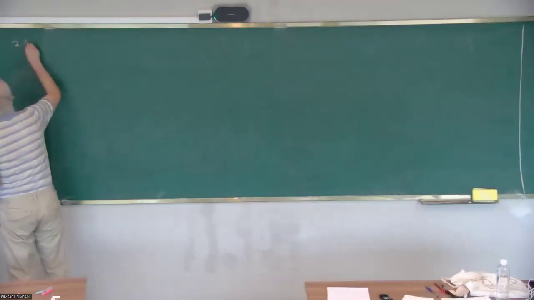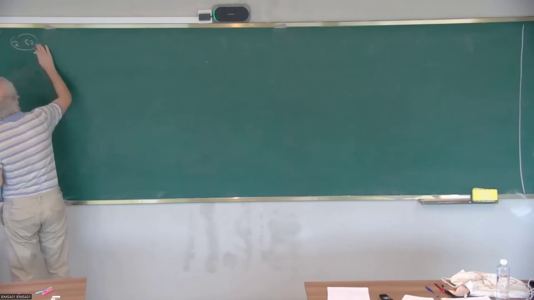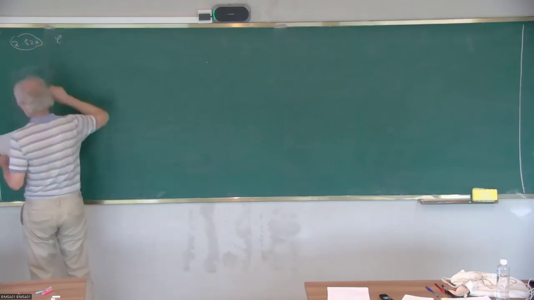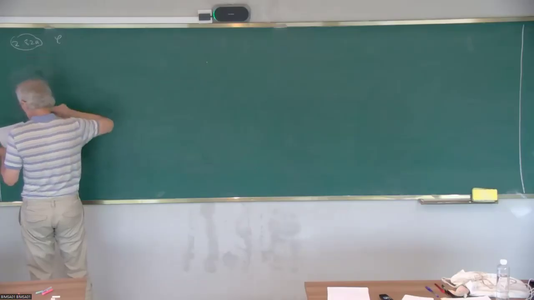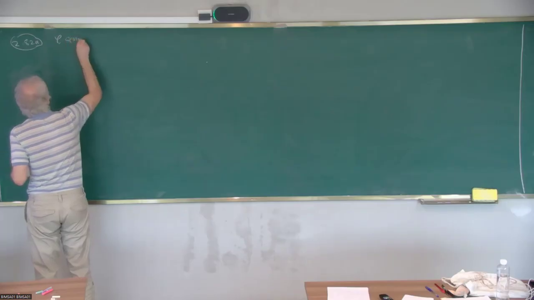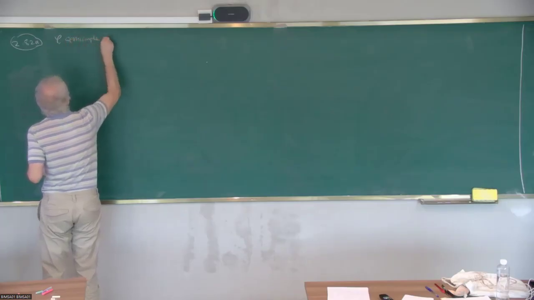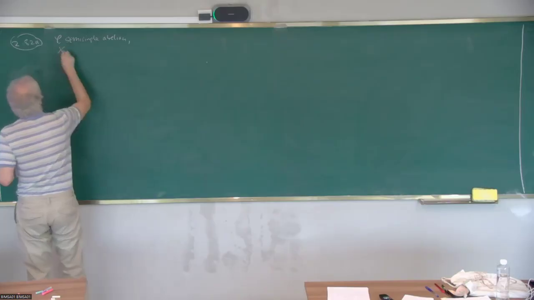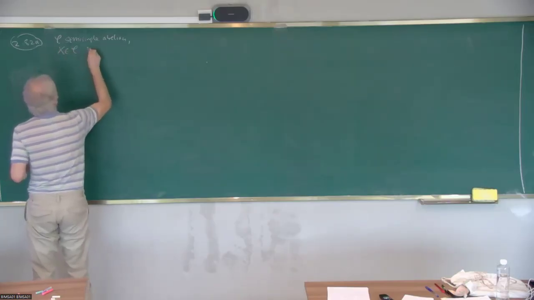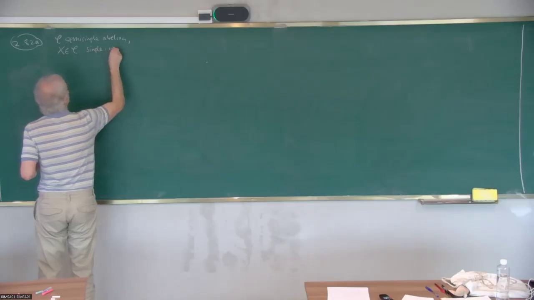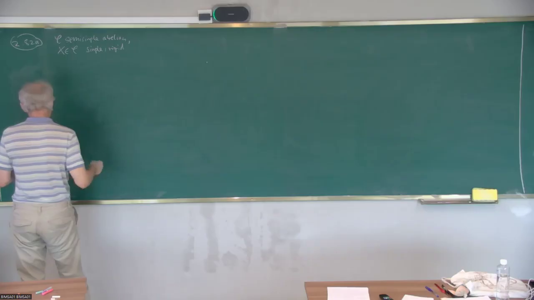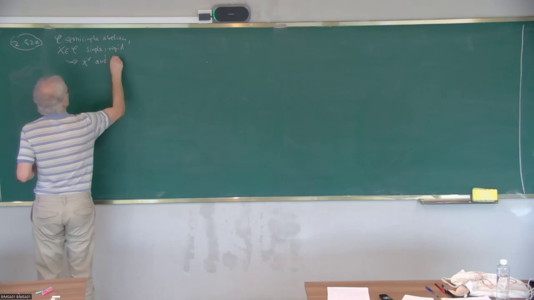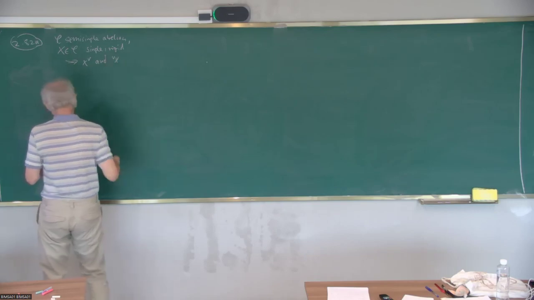So first is a small addition. If C is semi-simple and abelian, and X is an object which is simple and rigid, then also the right dual and the left dual are simple.